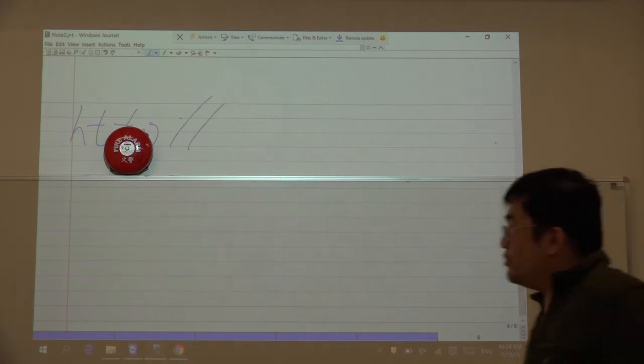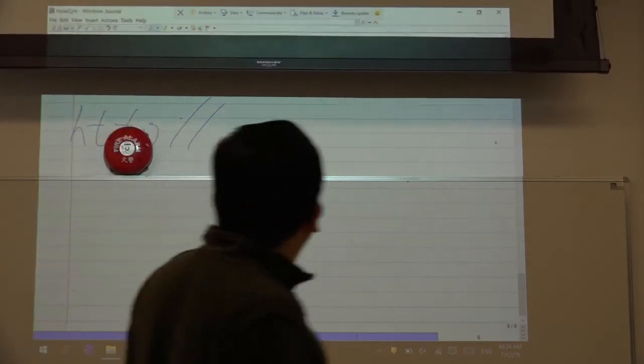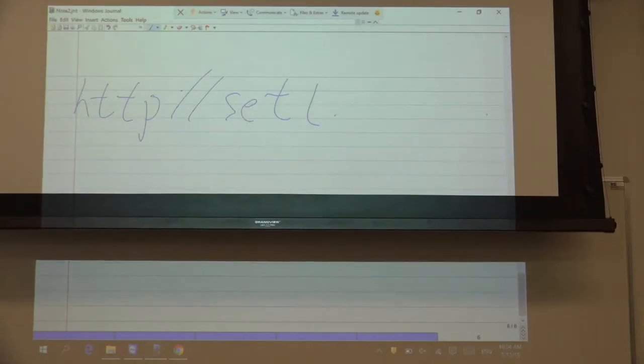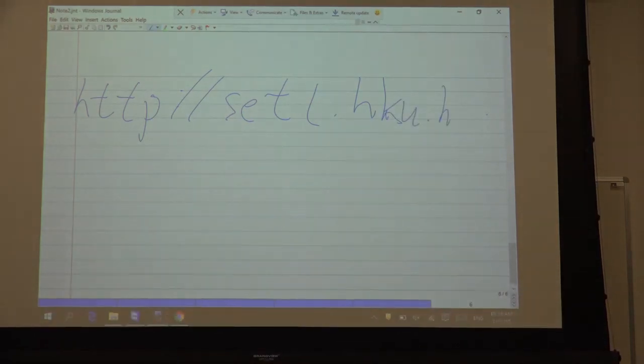You should pull it down so oil cannot fit. The handwriting now is not good.